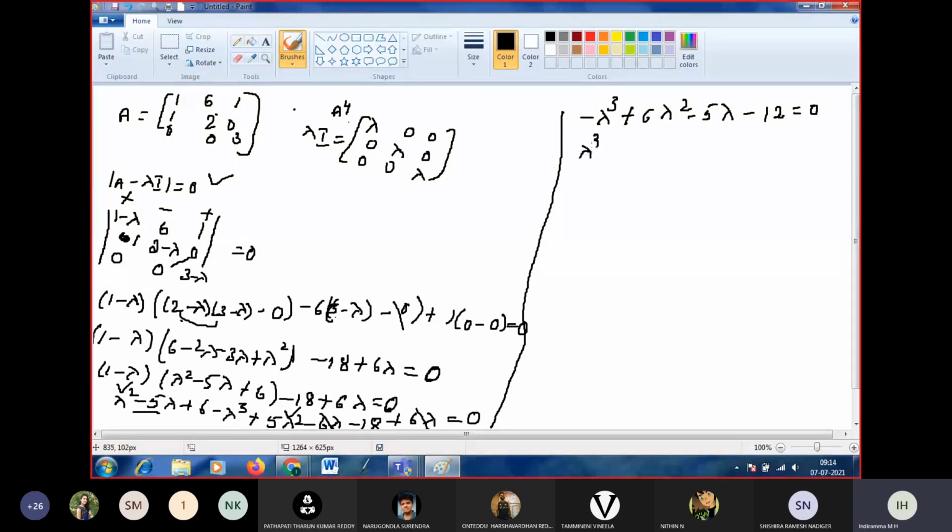Okay. Now, to make it simple, multiply with minus sign. So lambda cube minus 6 lambda square plus 5 lambda plus 12 is equal to 0. Solve this using your calculator and tell me the roots.